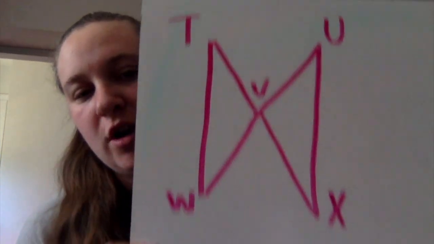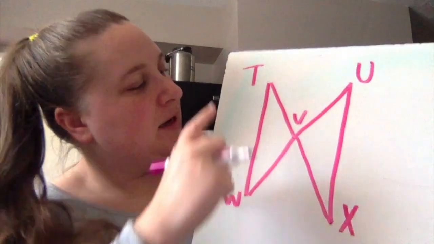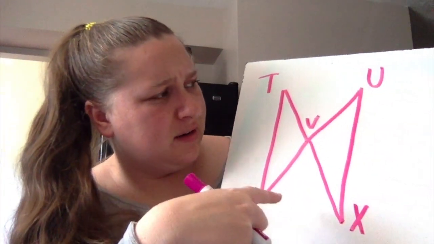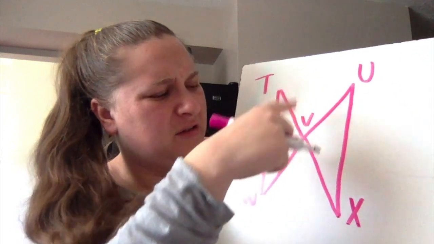So I'm going to be doing a lot of rough drawing, and it's not going to be the greatest. A question might ask you how these two triangles are related. So these are 2 triangles right here. This is TVW and UVX.